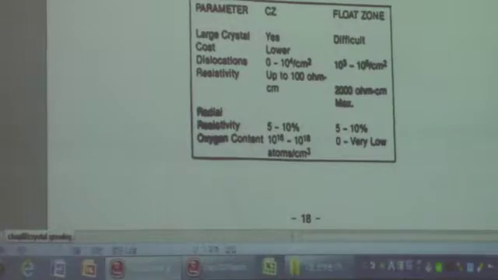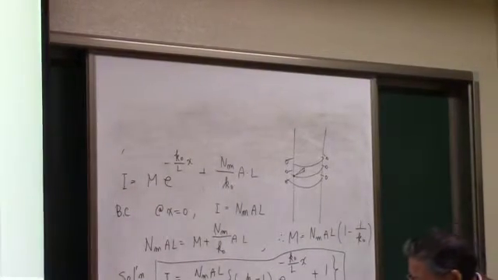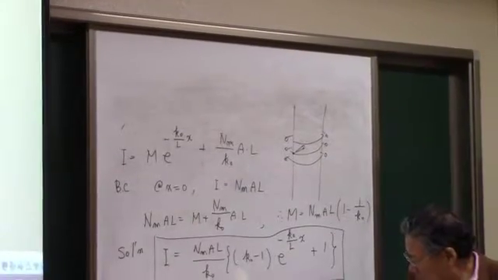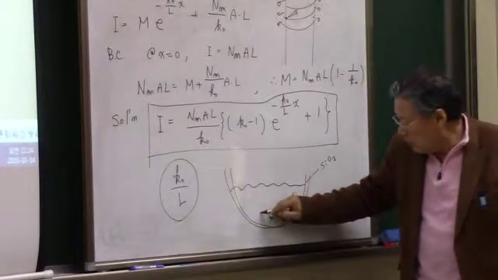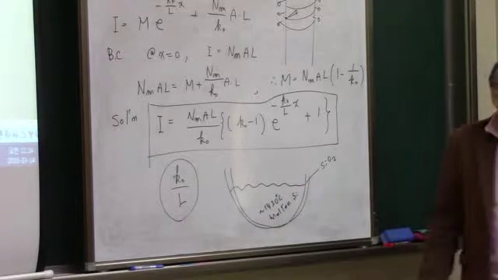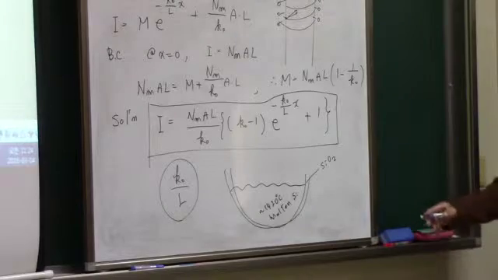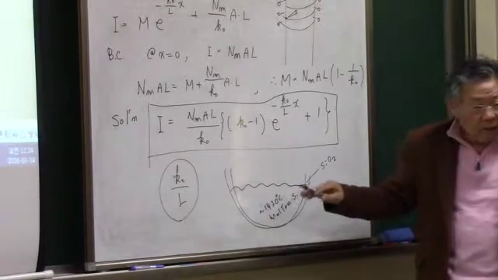to contain the molten silicon, okay? Molten silicon at a temperature of almost 1420 degrees centigrade to melt the silicon, right?